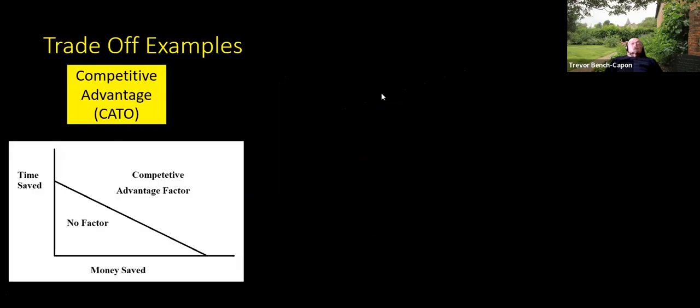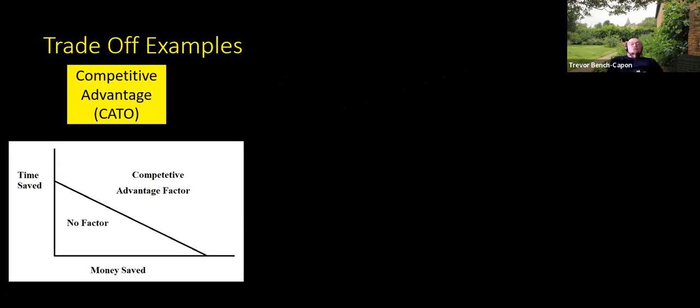Trade-off examples, essentially we have two dimensions and we have a line which shows how they trade off. So in CATO, competitive advantage depends on the amount of time saved and the amount of money saved.